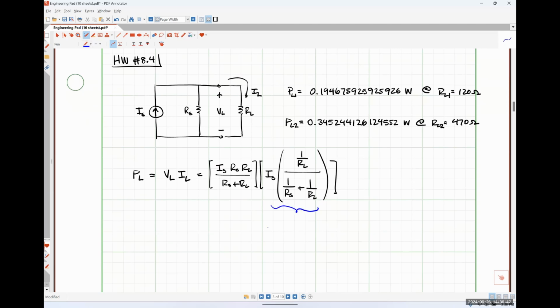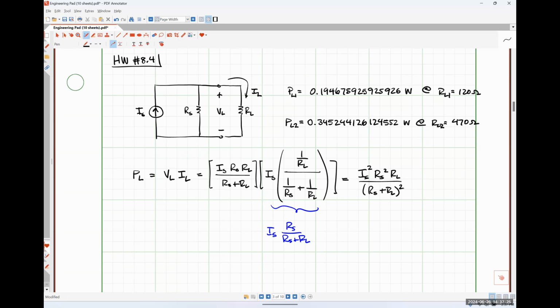This bit right here is the exact same as IS times RS over RS plus RL. And from that, we can say that our power is IS squared times RS squared times RL over RS plus RL quantity squared.